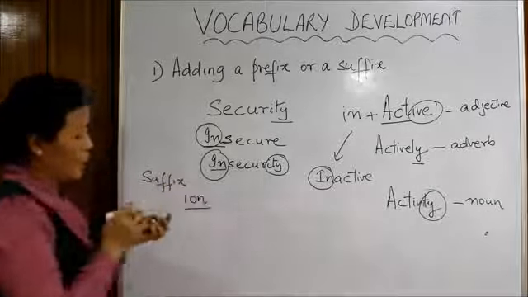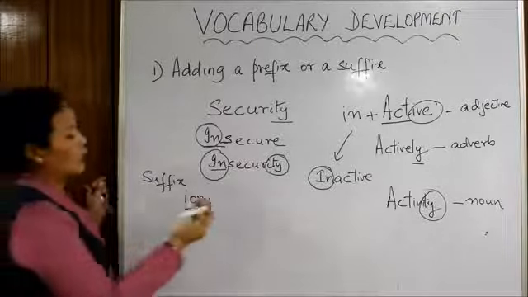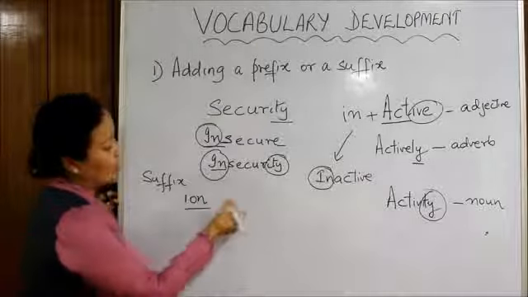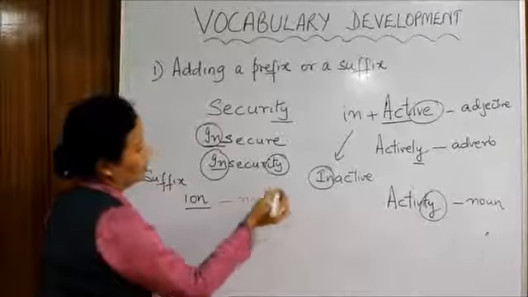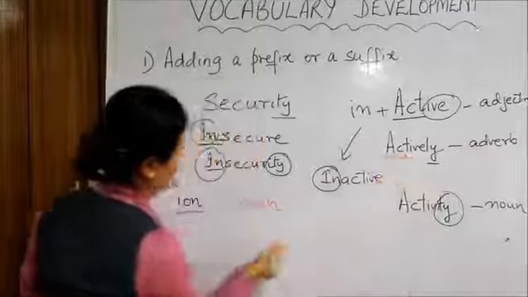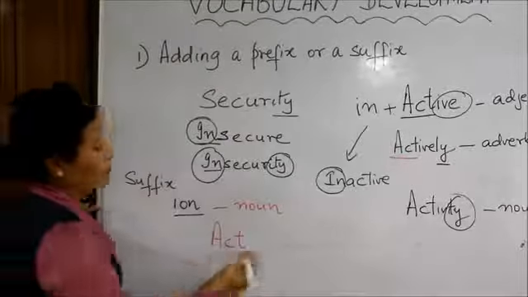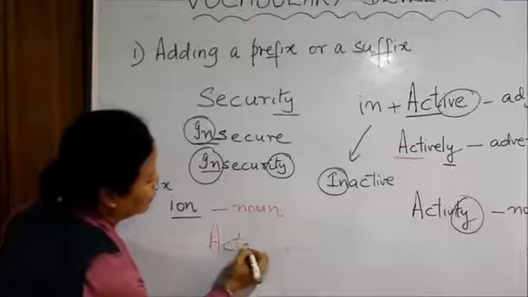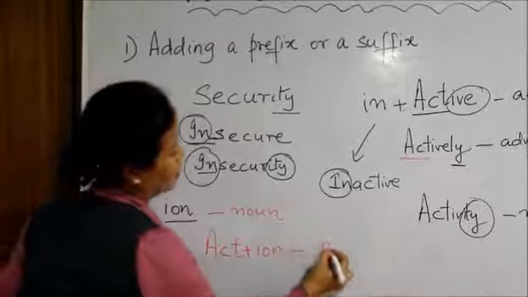ION usually changes a word into its noun form. If we take the same example, the base word act is a verb. If we add ION, action, this becomes a noun.